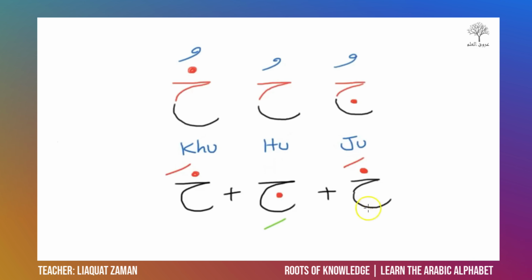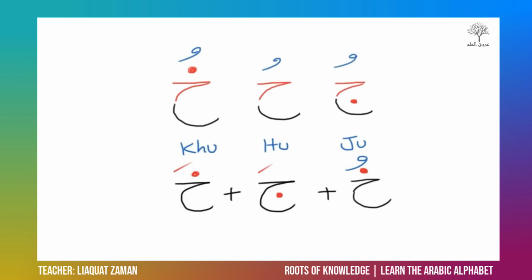You would say kha, ji, kha. Okay, let's remove those and change them. How would you pronounce that? Khu, ja, kha. Okay, so you've got the idea of putting them together.